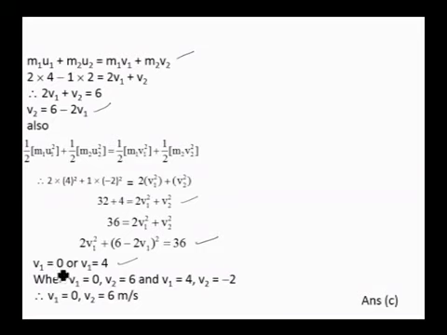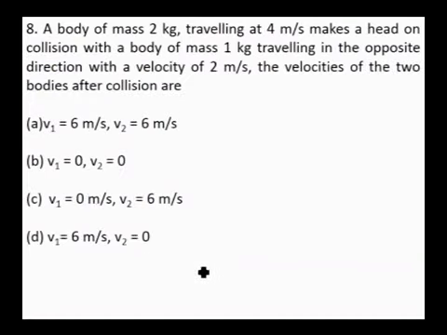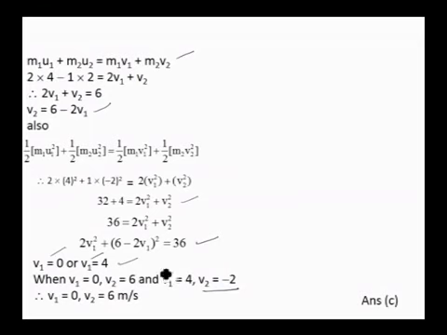Now let us say we substitute v1 is equal to 0. Then v2 is actually 6. But if you substitute v1 is equal to 4, v2 turns out to be minus 2. And in the previous slide, we don't have that option here. So when v1 is equal to 0, v2 is equal to 6 meter per second is the correct option. And therefore the answer is C there.